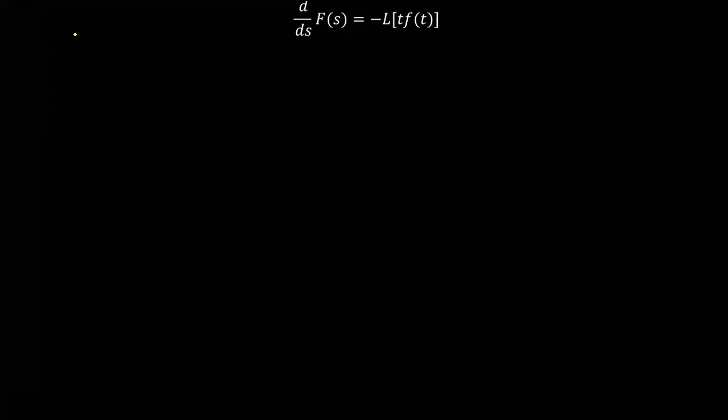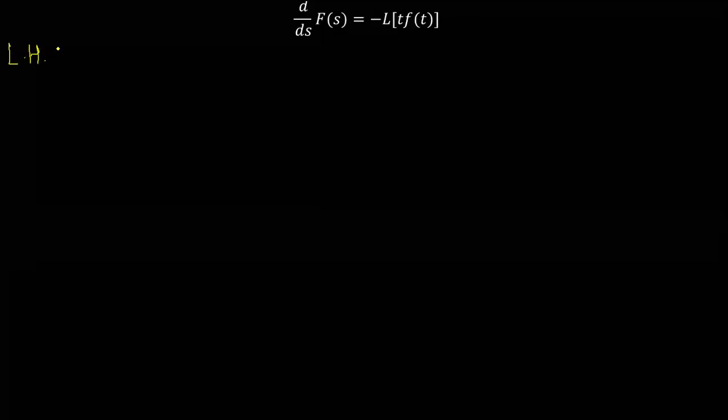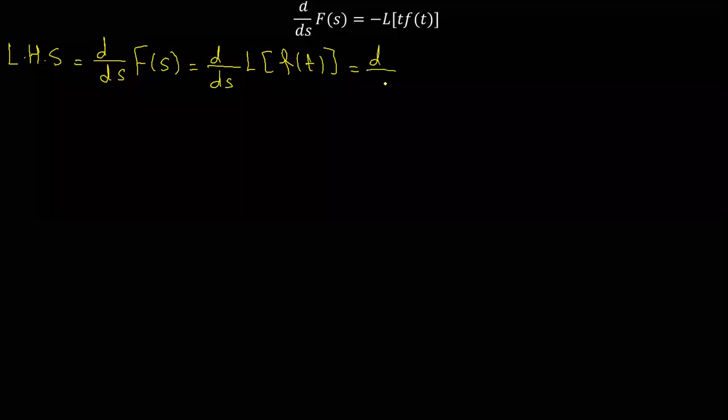Now let me start from the left-hand side. My left-hand side is the derivative d over ds of F capital of s. What do I mean by F capital of s? Yes, Laplace of f of t. And what do you mean by Laplace of f of t?